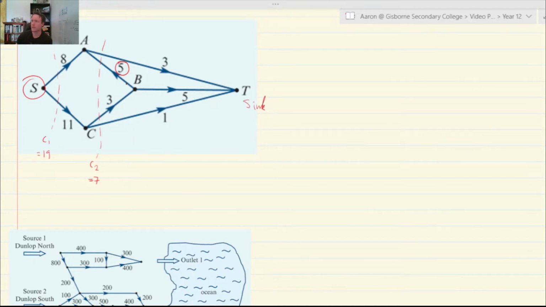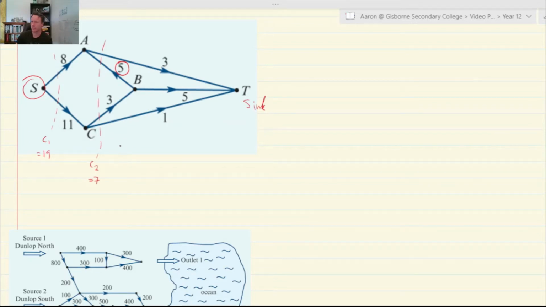This flows in the opposite direction, so the water has already got past our cut point to come along from B to A, and that won't be covered there. It's important to know that we're only counting the edges that flow from the source to the sink. So cut 2 has 7.